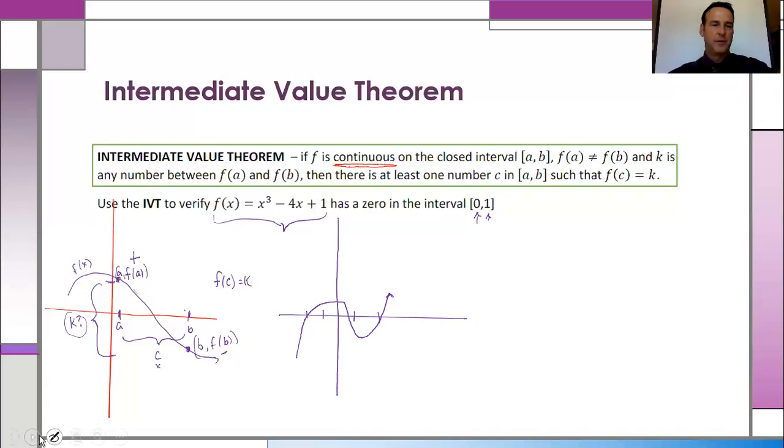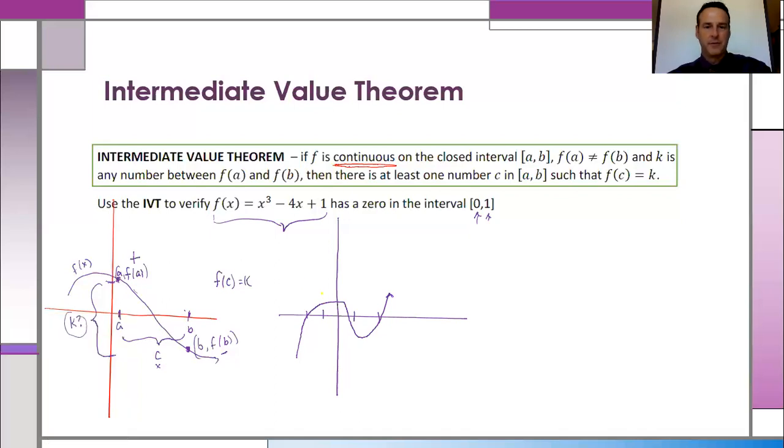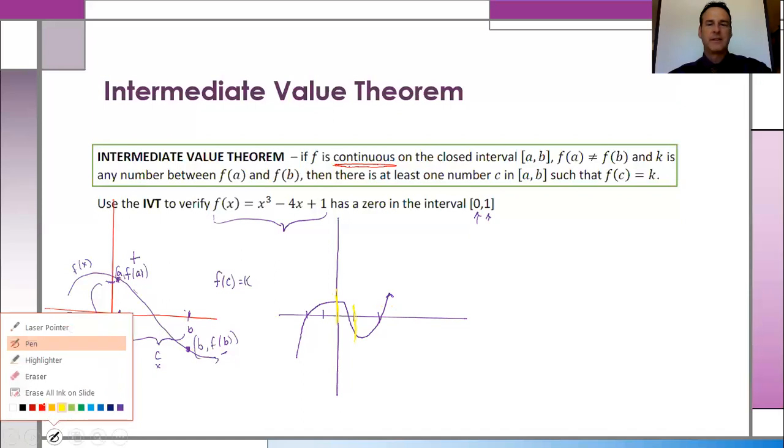So I don't want this entire picture necessarily, even though I kind of need it to draw it. I only want part of it. So I only want it from 0 to 1. Here's 0. Here's 1.